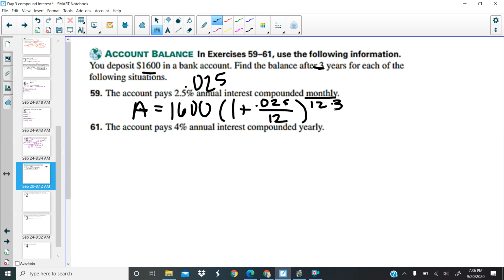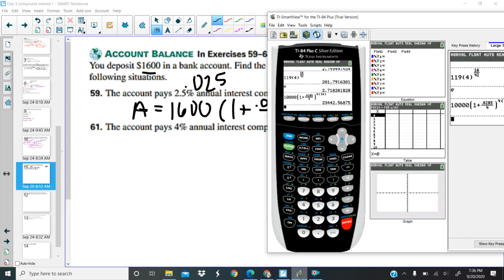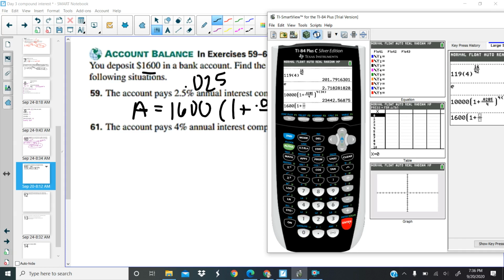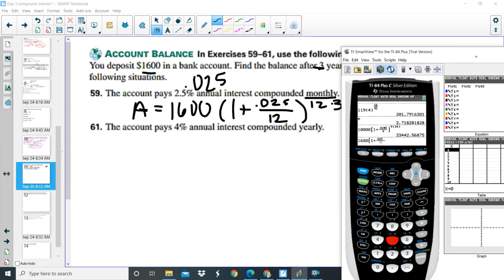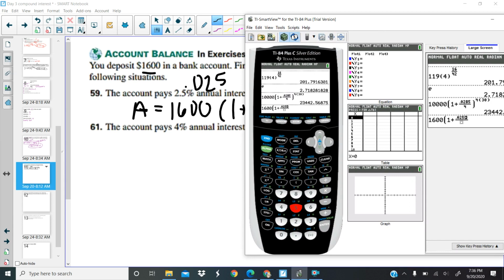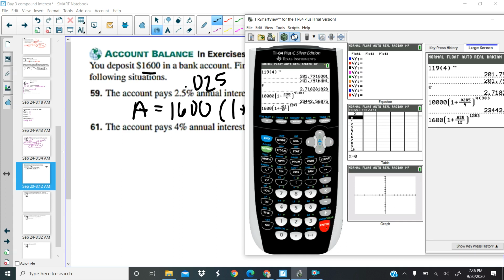So then we're going to type that equation into our calculator. So we have 1,600 times 1 plus, and then alpha y equals, to get my little numerator over denominator thing, and it was 0.025 compounded monthly, so divided by 12, and then that is going to be raised to the 12 times 3 power for 3 years.